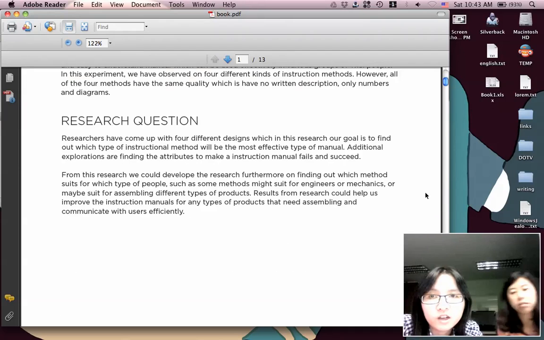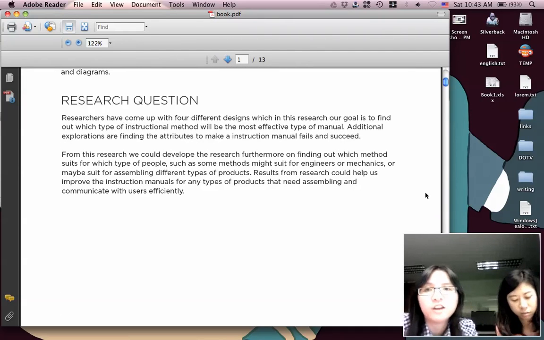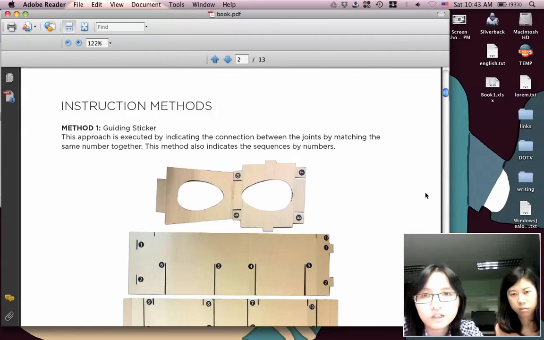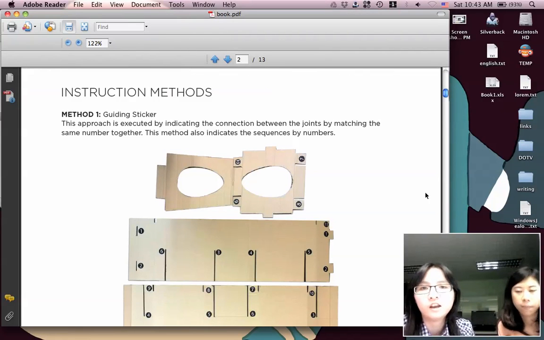So for the research question, after the university got the final model of the paper toilet, the question after that is what is the best kind of manual that will guide people to set up the structure. After we researched the model of the toilet, we came up with the final four kinds of manual.